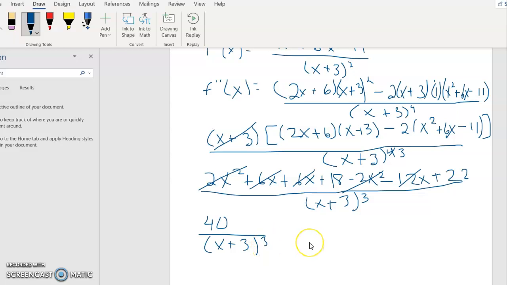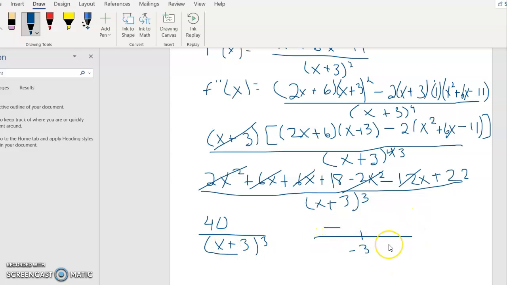Okay, so that means there are no critical values that come from setting this thing to 0. However, we do have that the denominator is 0 at negative 3. So the only thing we're going to put on our sign chart is negative 3. Now, if I put something to the left of negative 3 into this derivative, let's say a negative 4, this will be 40 on top. A negative 4 down here will be a negative on the bottom. So positive over negative, this is negative.